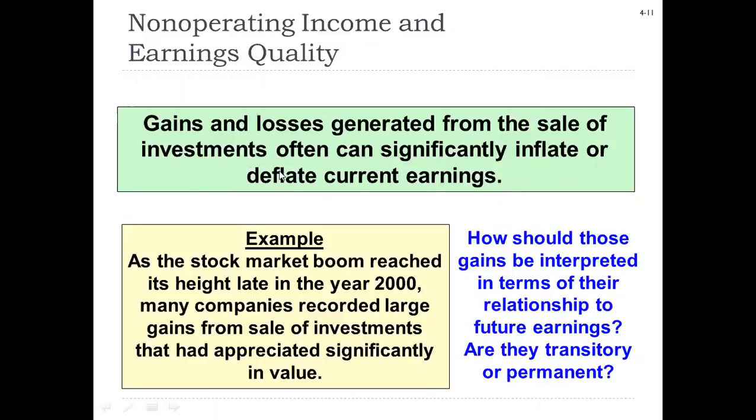So selling investments, these non-operating income, can significantly inflate or deflate current earnings. So again, these are misleading because these are one-time things, gains and losses that occur. So it really doesn't contribute to trying to predict future earnings growth and that type of thing.